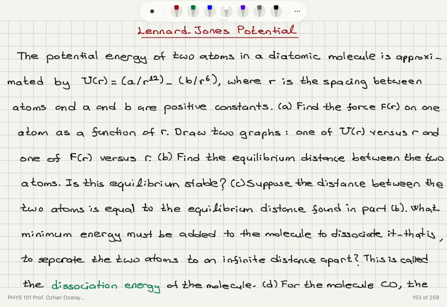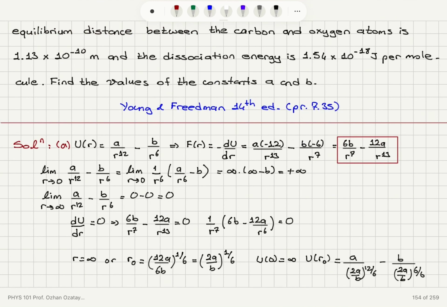We want to find the force between the two atoms as a function of R, and draw U and F as a function of R. We need to know the equilibrium distance, find if the equilibrium is stable, and then evaluate the potential energy at the equilibrium distance and find the energy needed to separate them to infinite distance, that's the dissociation energy. And finally, we apply it to carbon monoxide for given A and B values.